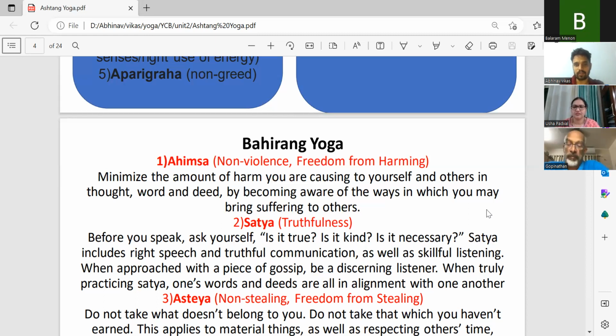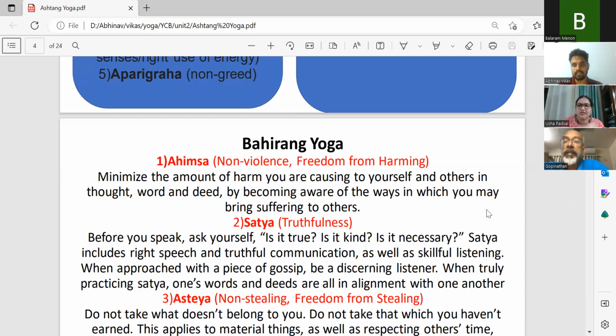See, one more point: why is Ahimsa first and Satya second? Why can't Satya be first and Ahimsa second? Have you thought about this any time? Ahimsa will lead to Satya, no?